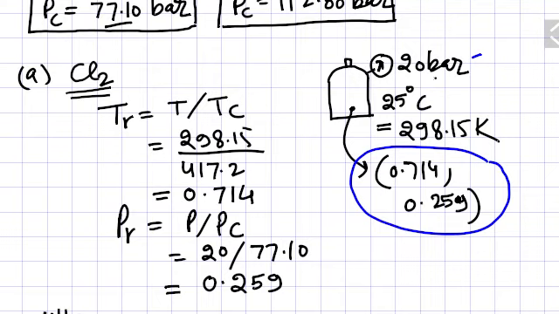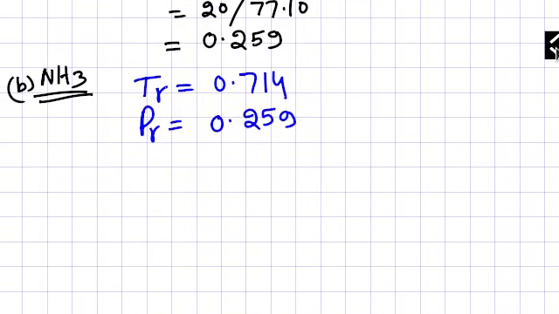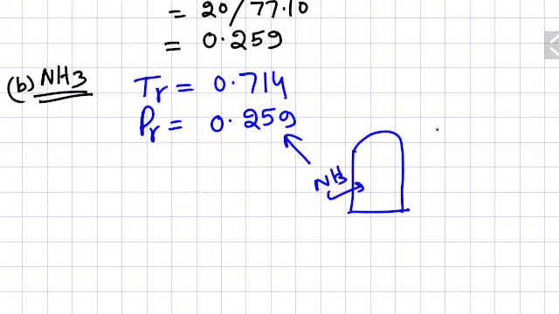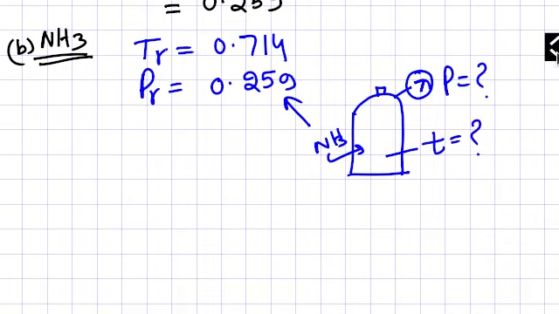Ammonia gas will have a different pressure and a different temperature. So our point is, if we want to maintain ammonia gas at the same reduced state, at what pressure and what temperature do we need to take the ammonia gas? It's very simple to calculate.